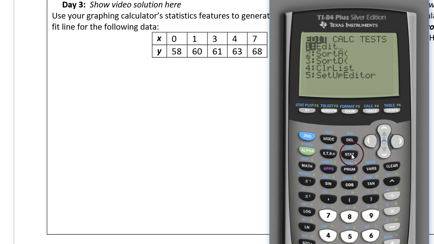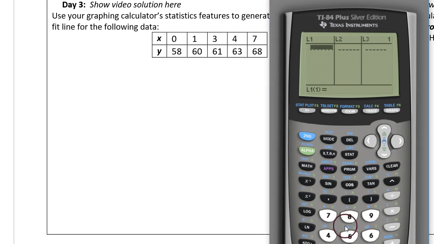Now when we push stat and do choice 1 edit, you'll notice that these columns are empty and ready to receive numbers. So we want to input the numbers that are given in our chart. Start with your X values: 0, then the down arrow, 1, down arrow, 3, down arrow, 4, down arrow, and 7.